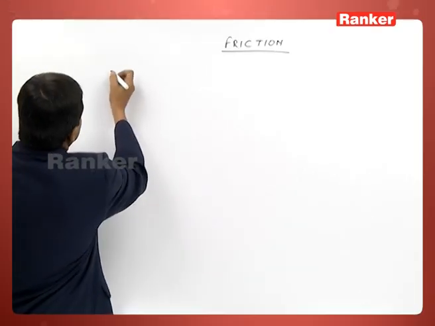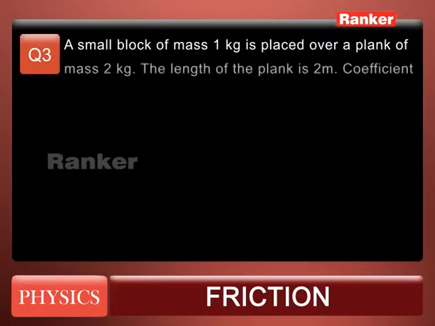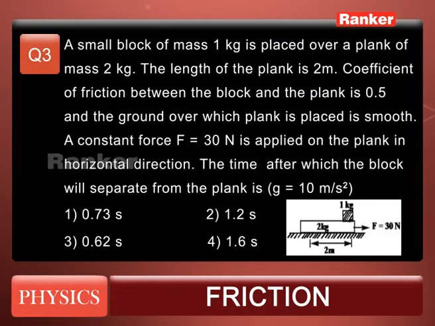Now, see question number 3. A small block of mass 1 kg is placed over a plank of mass 2 kg. The length of the plank is 2 meter and the coefficient of friction between the plank and block is 0.5, and the ground over which the plank is placed is completely smooth.